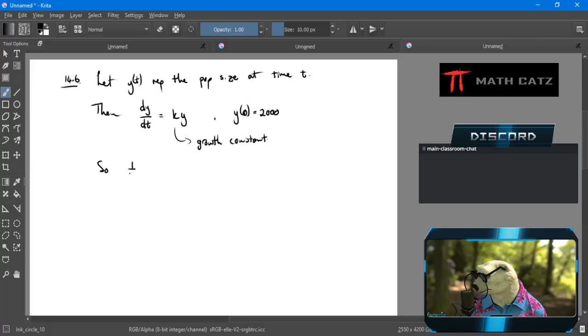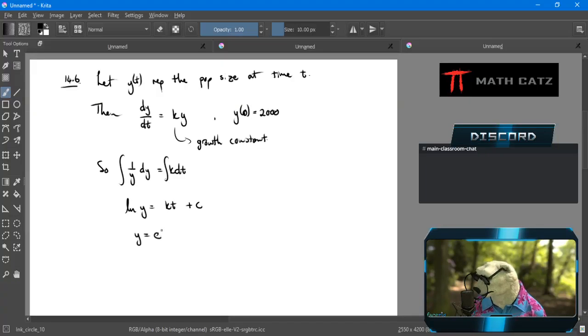So I separate the variables, and k is unknown in this case for a while. I integrate, I get the natural log of y equals kt plus my integration constant.